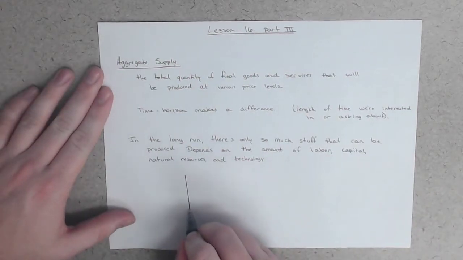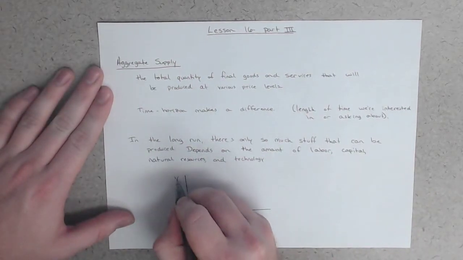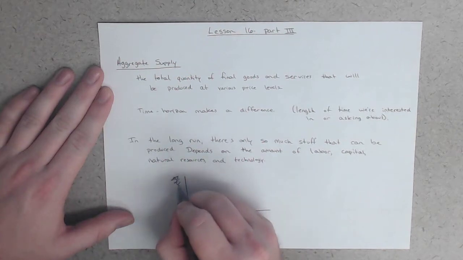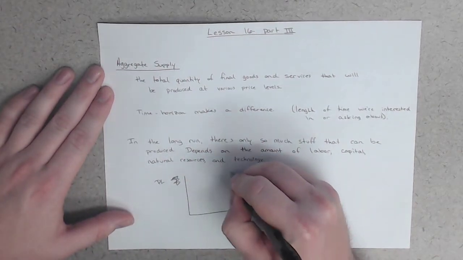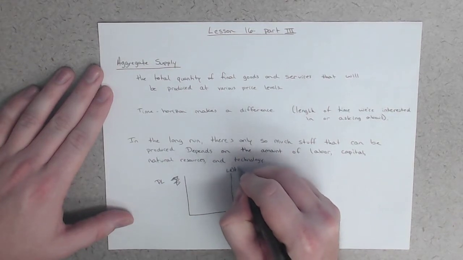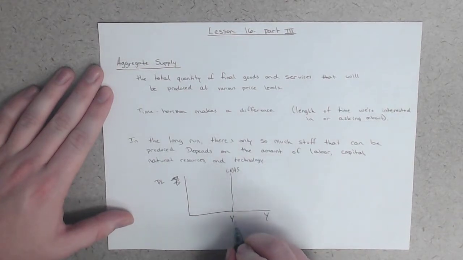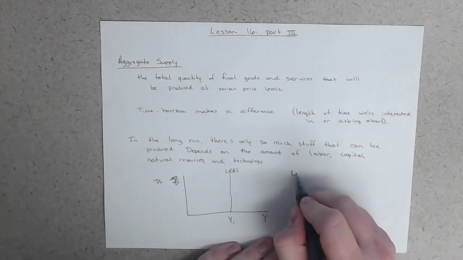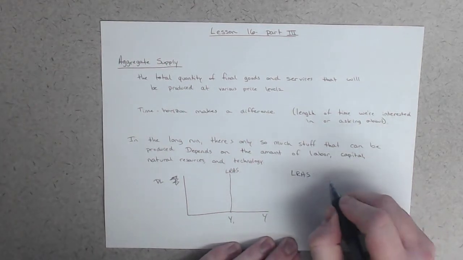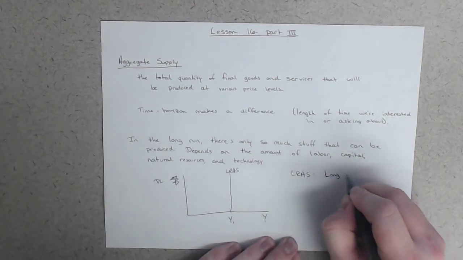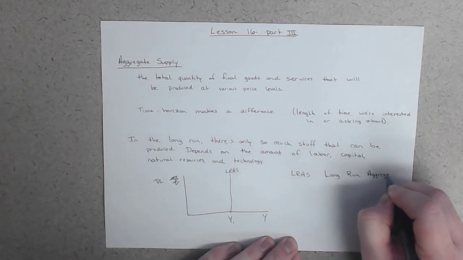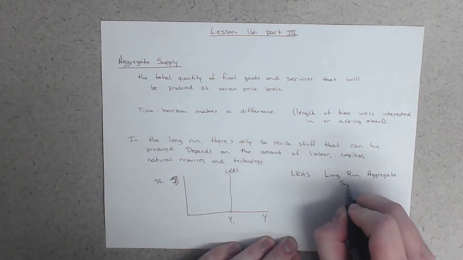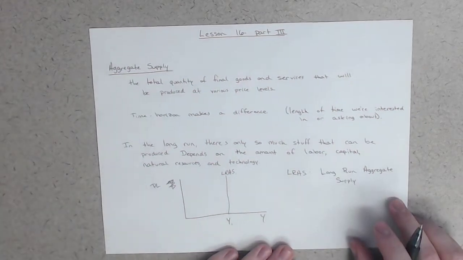And so what this looks like on our graph, whoops, got my axes wrong, is this. Where LRAS is the long run aggregate supply.